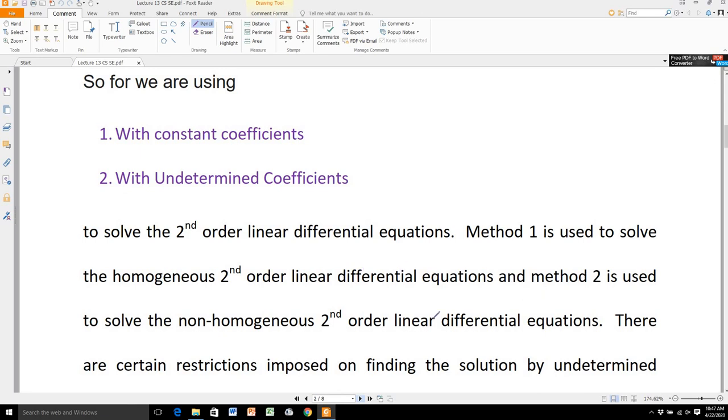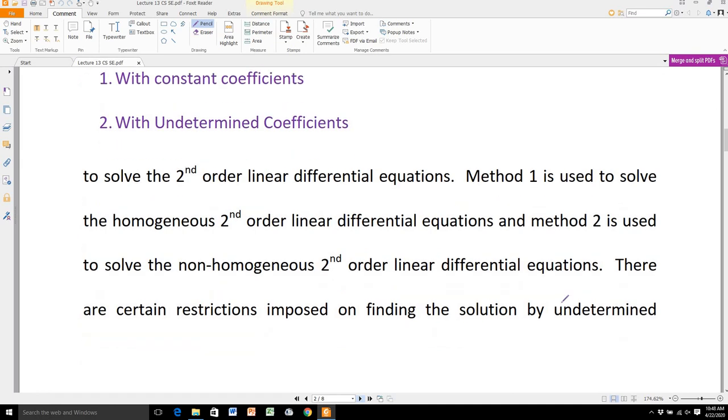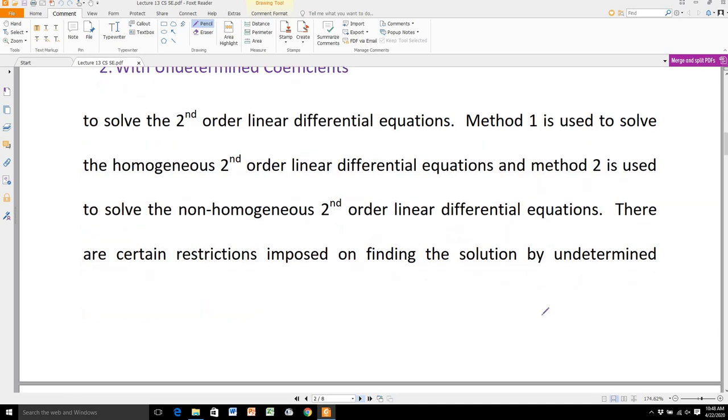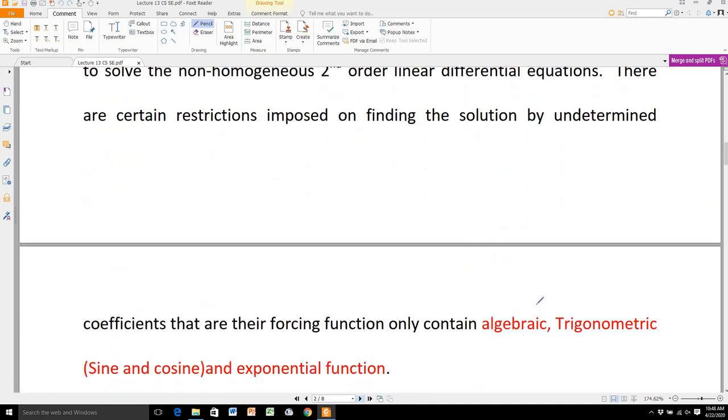And method number 2, which is used for solving non-homogeneous equations, has certain restrictions imposed on finding the solution by undetermined coefficients, namely on the forcing function.